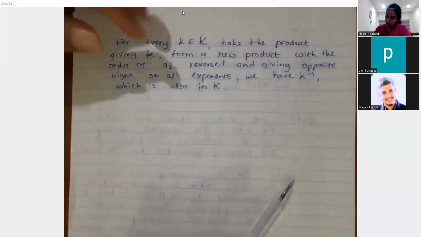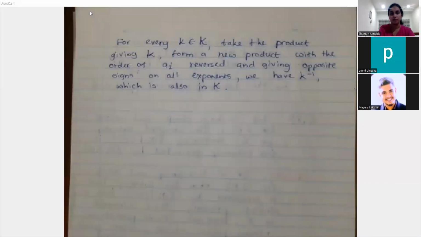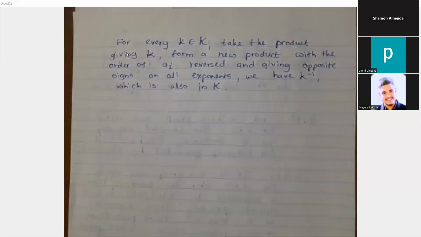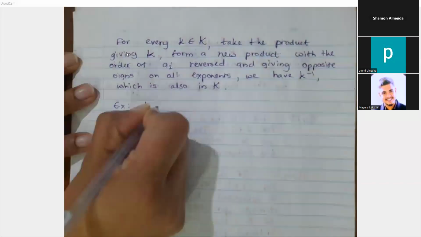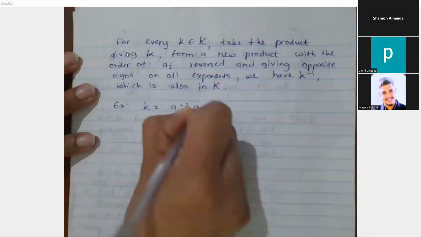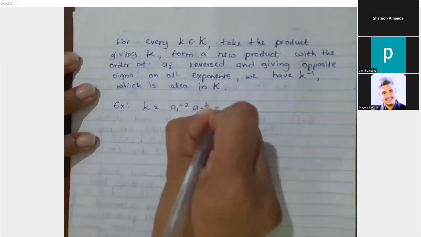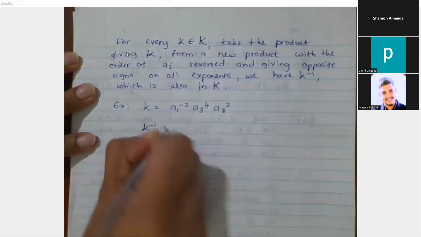Now, as an example, let's take k to be of this form: a_1^-2, a_3^4, and let's say a_8^2. Then how do we get k inverse?